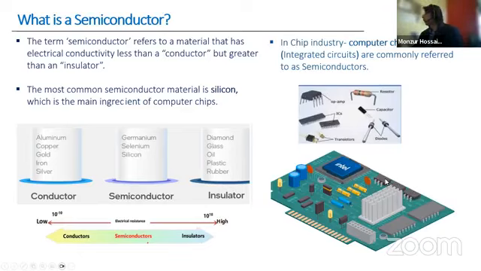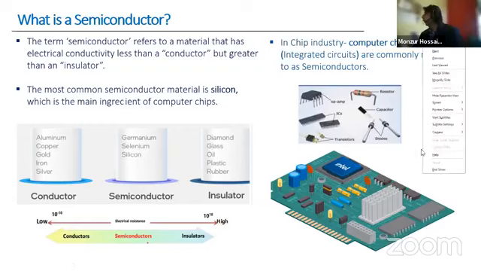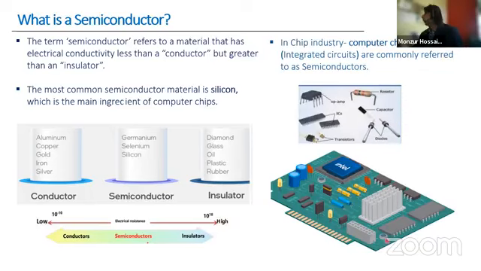Let me bring my... Okay, as you can see here, this is a chip, this is a semiconductor in industrial language. So that's what we mean when we say semiconductor in the chip industry. We usually mean the IC. We don't mean those germanium or silicon materials.